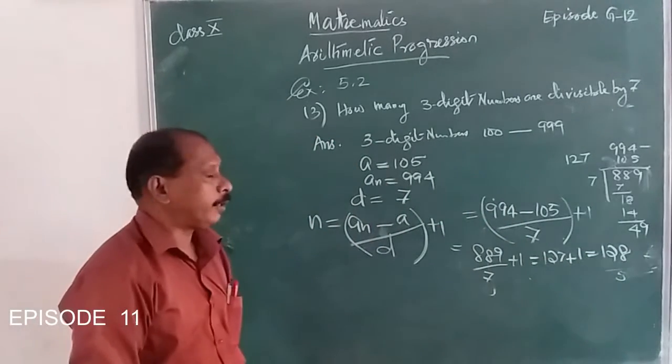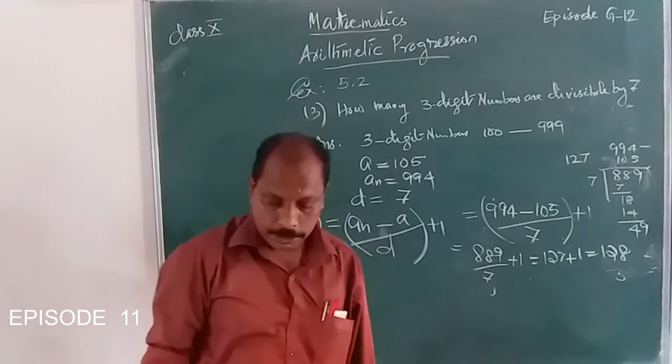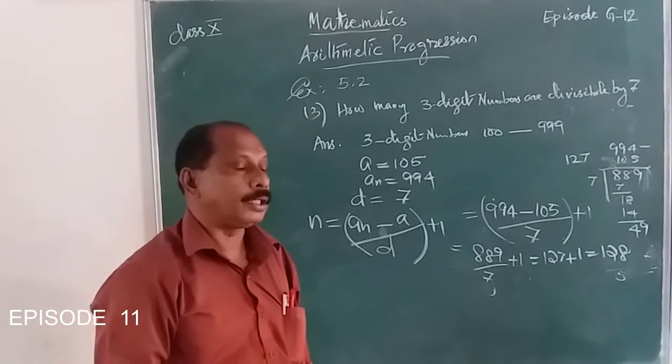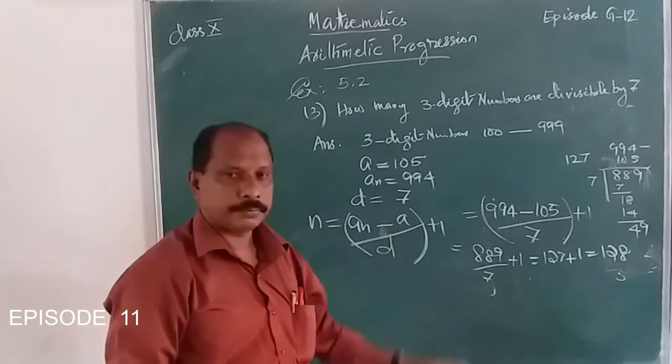Therefore, there are 128 three-digit numbers which are divisible by 7.